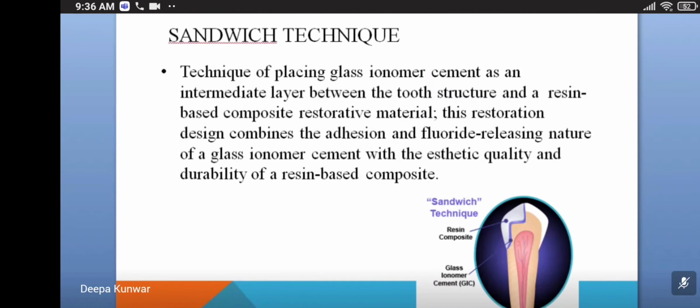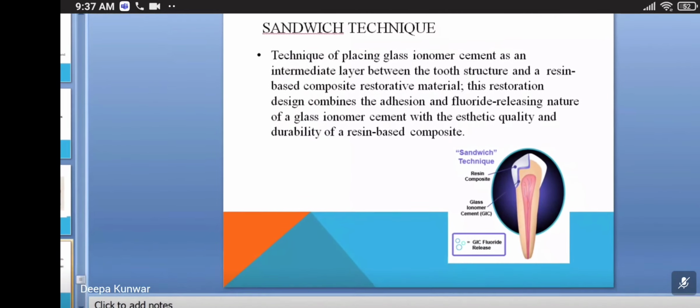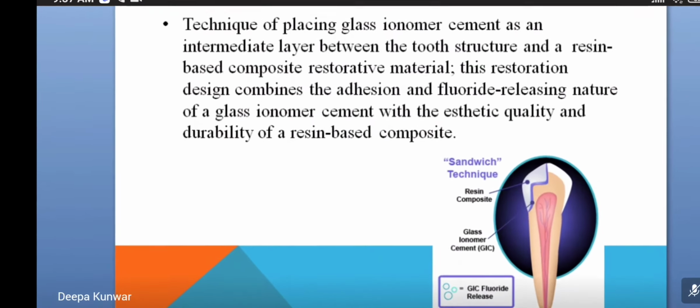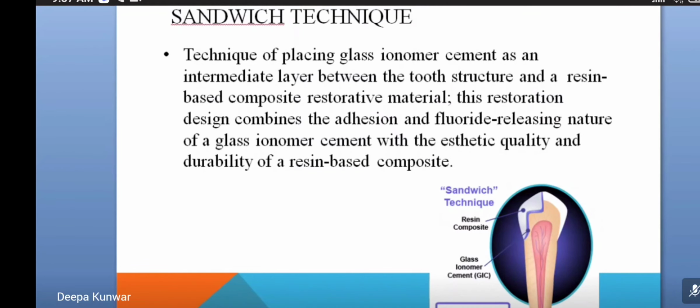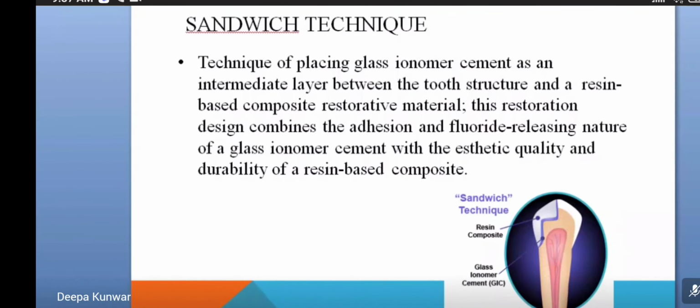Now, sandwich technique. It is the technique of placing glass ionomer cement as an intermediate layer between the tooth structure and a resin-based composite restorative material. This restoration design combines the fluoride-releasing nature of the glass ionomer cement with the aesthetic quality and durability of resin-based composite.